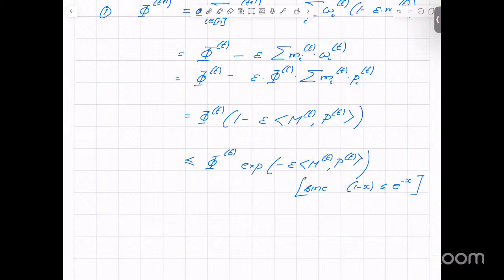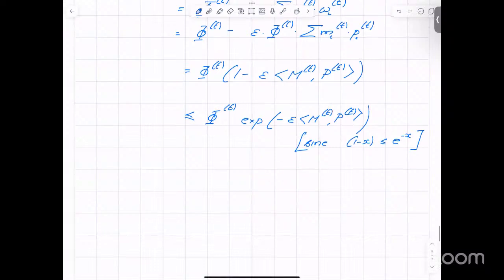Okay. So what do we have at the end of it? We'll have that phi_(t+1) is less than or equal to n times exp of minus epsilon times the summation over t of m^t p^t.